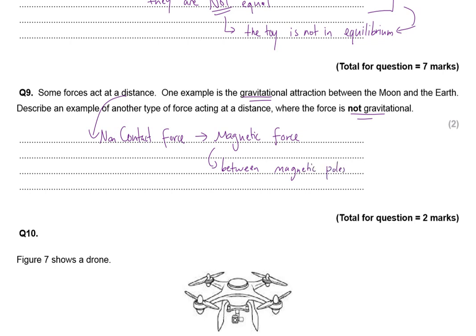That's it. You get 2 marks. 1 mark you get for mentioning the force, and the second mark you get for mentioning between what kind of object. So here we've got magnetic poles.